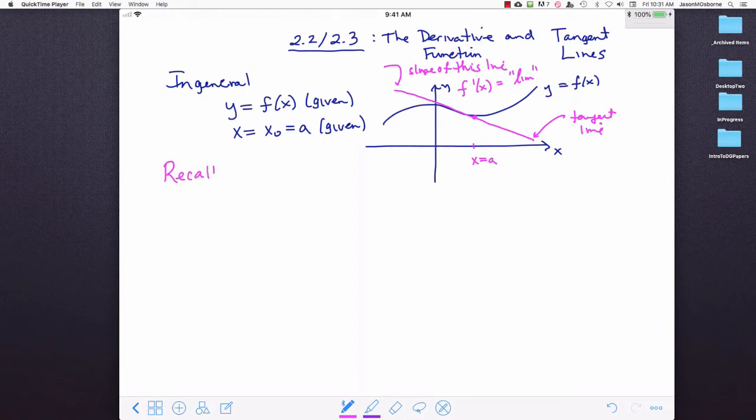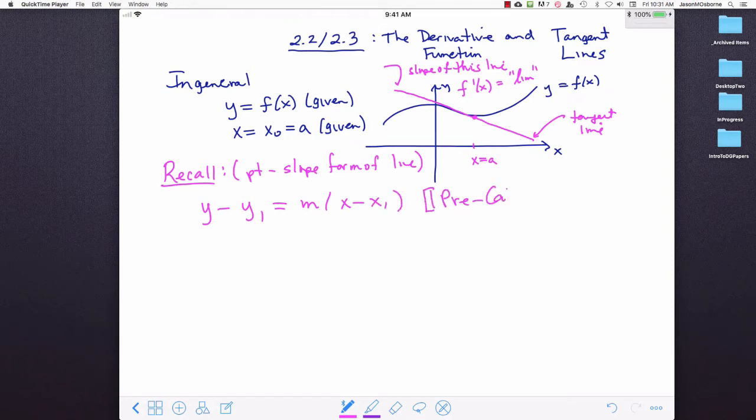the point slope form of a line is y minus y1 equals m times x minus x1. And this is how you would write the line in pre-calculus. But in calculus, we know that our point of interest is what we're going to call a.